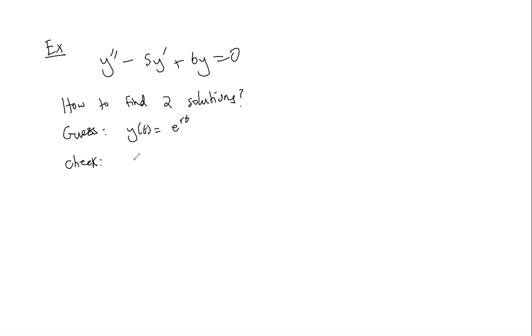Then you plug it in, and you see what r needs to be, and those are your solutions. So we plug it in, we get r squared e to the rt minus 5r e to the rt plus 6 e to the rt equals 0. I'm just plugging y into this differential equation.